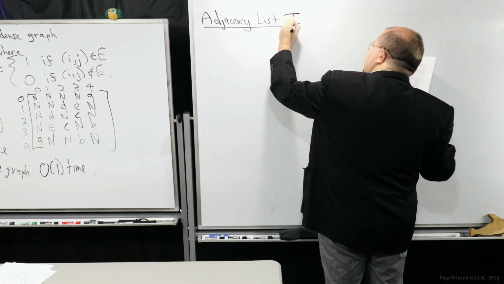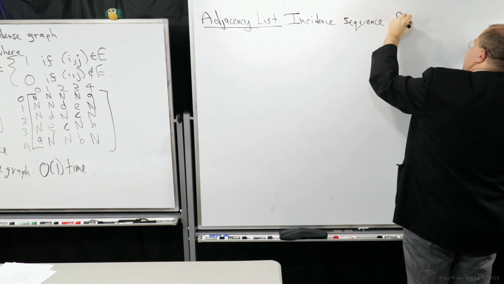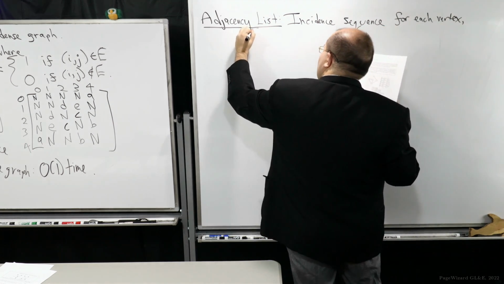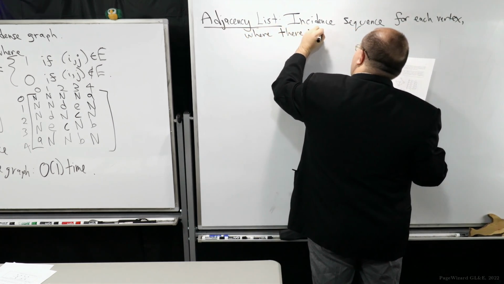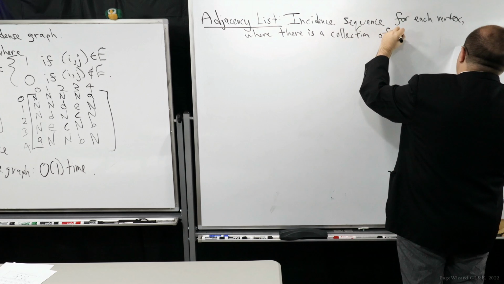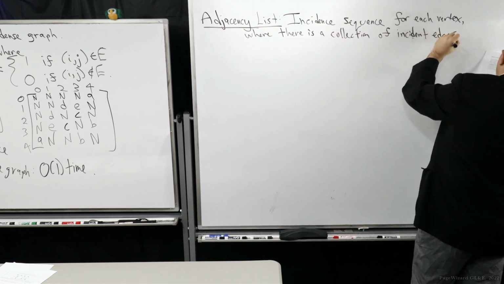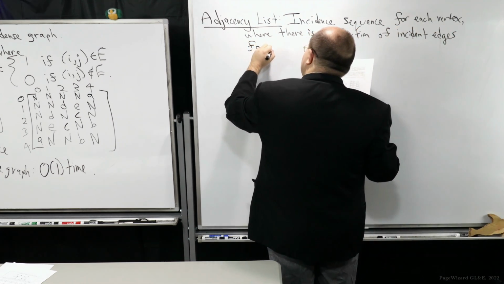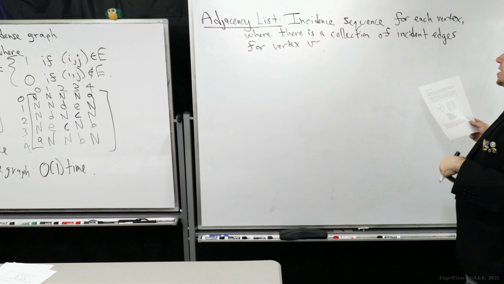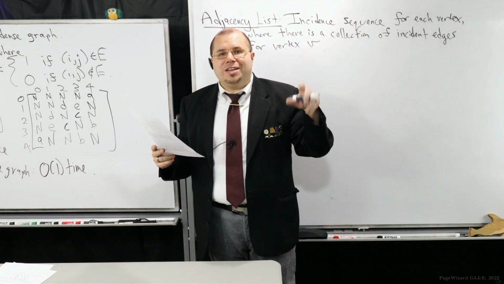So it's going to have an incident sequence for each vertex, where there is a collection of incident edges for vertex V. In the adjacency list in its most pure sense, it will just store all of the adjacent vertices.